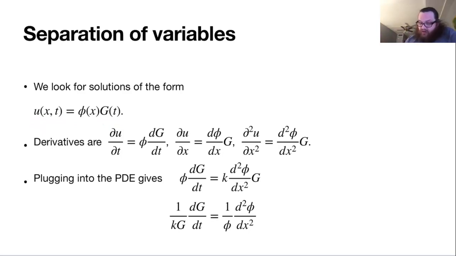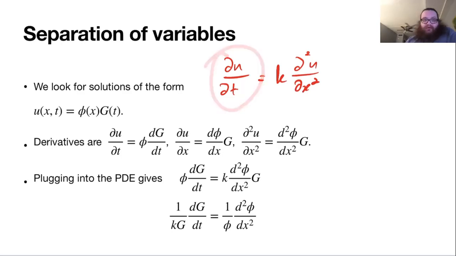Recall the PDE that we're interested in right now is du dt equals k d squared u dx squared. In particular, we have a time derivative for u, and two spatial derivatives for u.